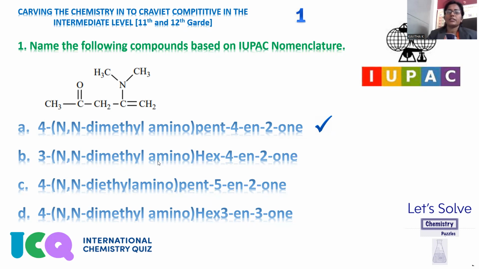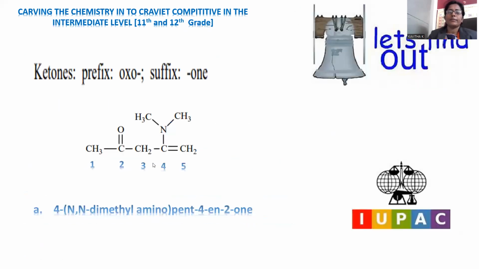Let's see how we can assign the name for this compound. Ketone is taken as the suffix if it is the main functional group, so we assign -one. If ketone is a side chain, it is taken as oxo. Here in this compound, we have amine, double bond, and ketone.